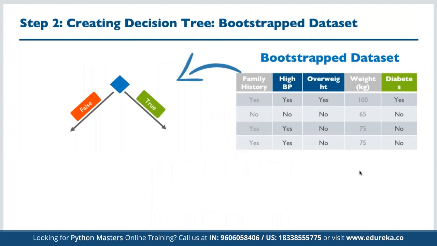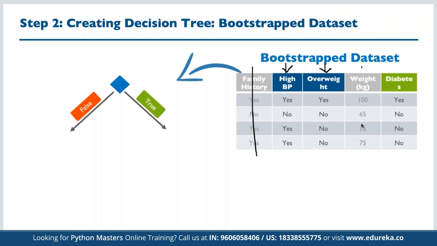Now, once you have your bootstrapped data set, this is the same subset, right, with two same rows. This time we are training a decision tree on this data set, but we are not taking all the columns. Here we are only taking these two columns, and we hide the other two columns from your decision tree.